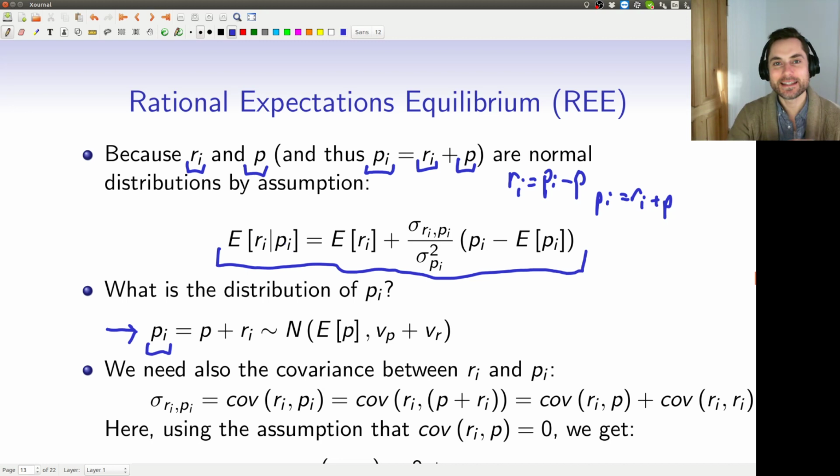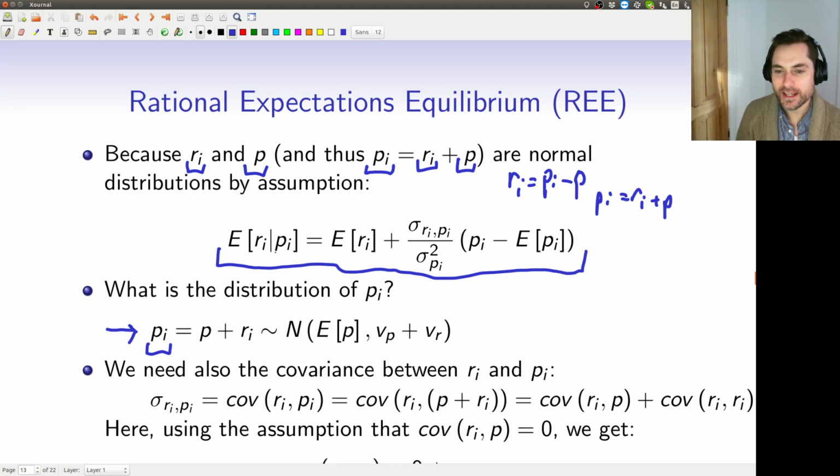If you have a multivariate normal distribution, then the conditional distribution in one of the dimensions is just a linear function of the variable you're conditioning on. Let's just say what it says here, and it is kind of intuitive.